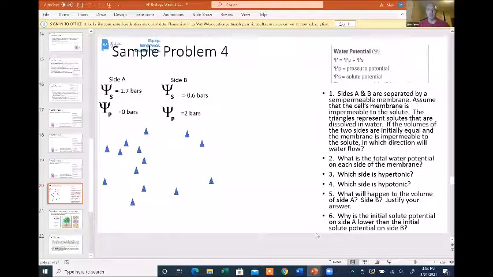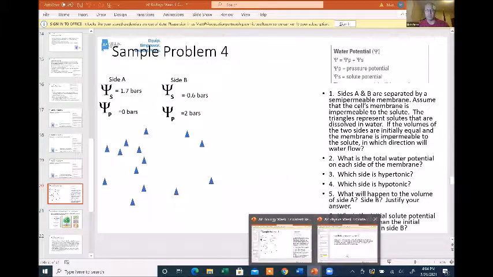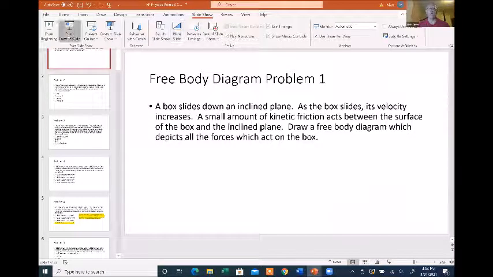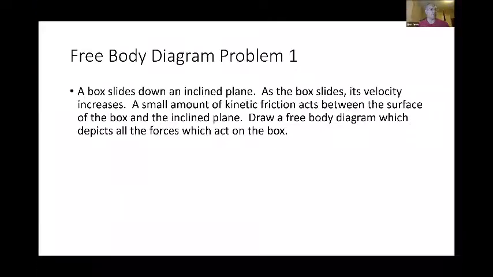And I want to be able to write on the screen for you guys. So let me get this pulled up. All right, so here's what we want to do. So let's take our incline. That's a terrible incline.